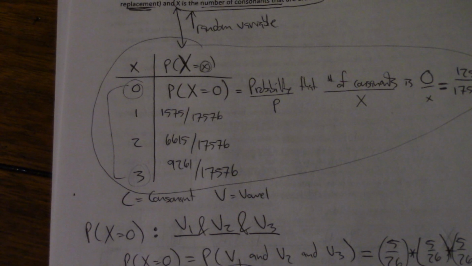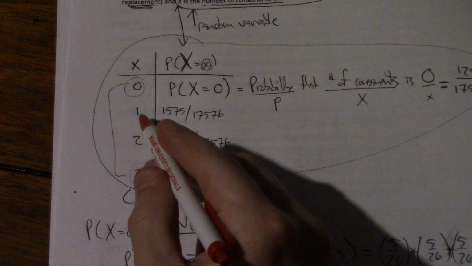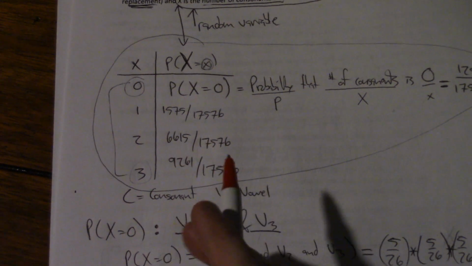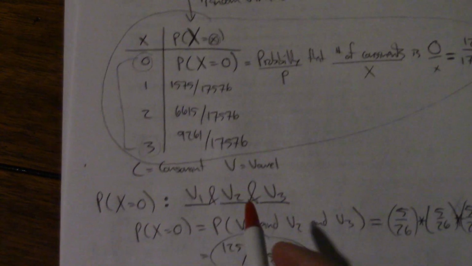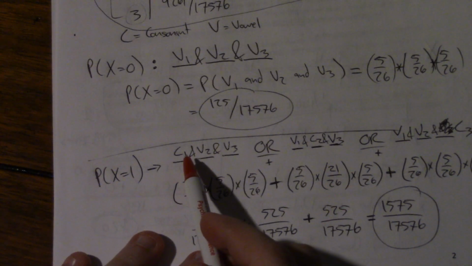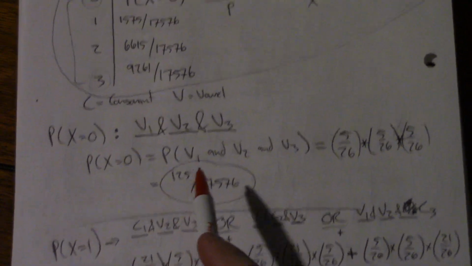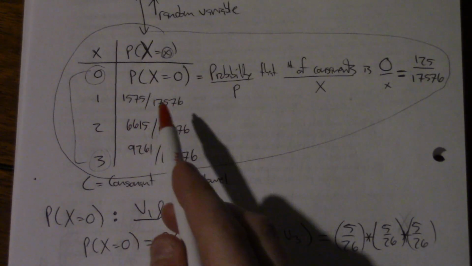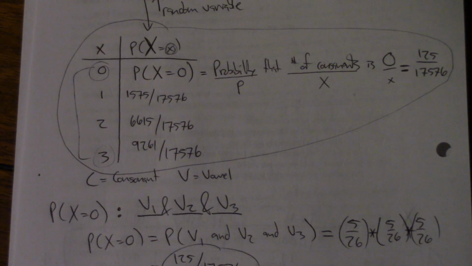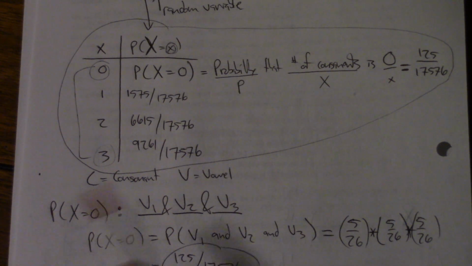What I mean by that is there's usually only one way to see those particular values. When you're in the middle of the table, like with 1 and 2 here, that's when you have to think about the different combinations. So the consonant could have been first, or it could have been second, or it could have been third. You're probably going to be finding multiple probabilities for those. Okay? So that's that example.